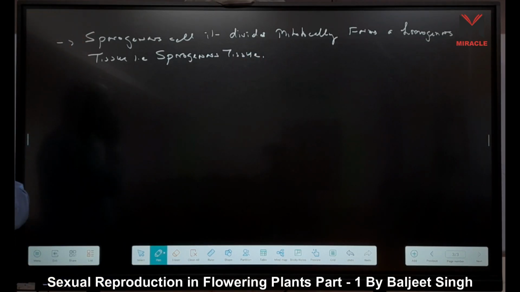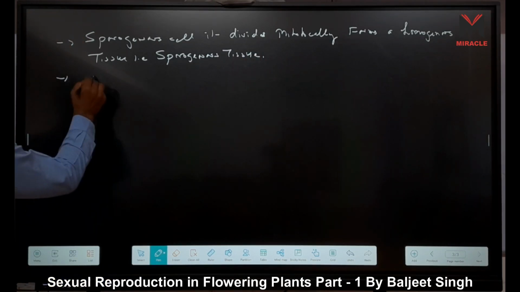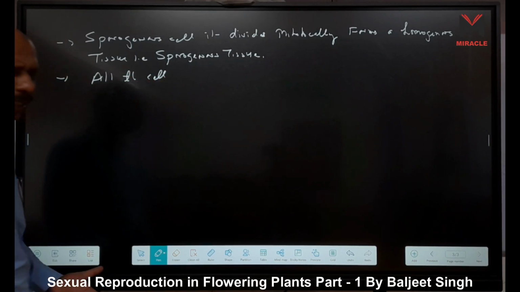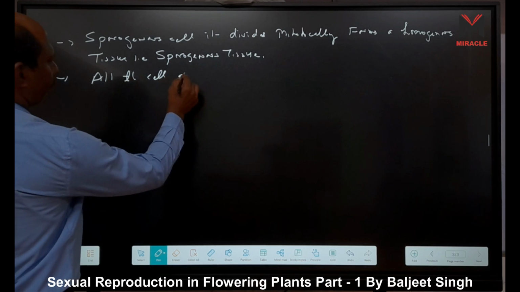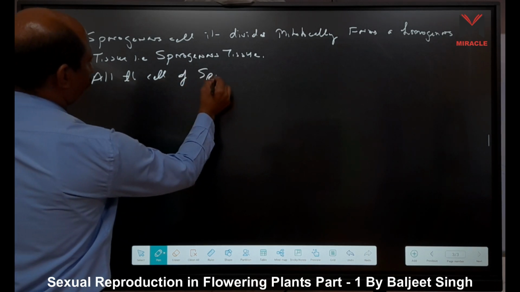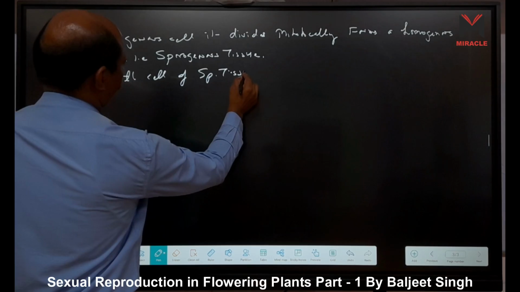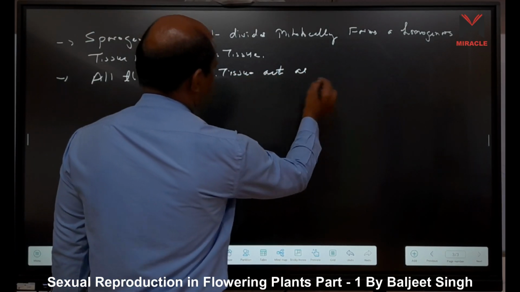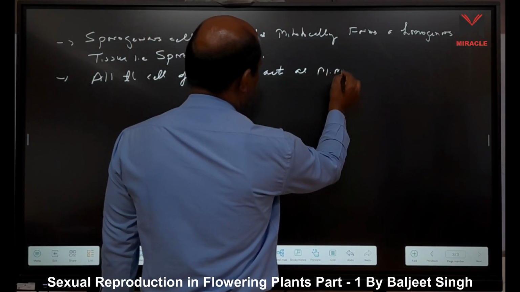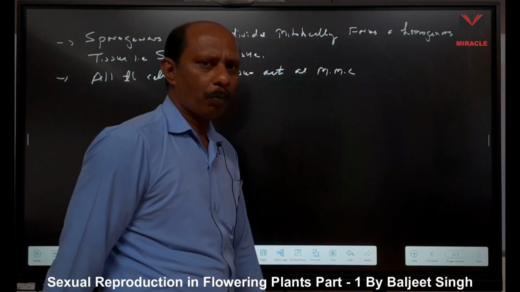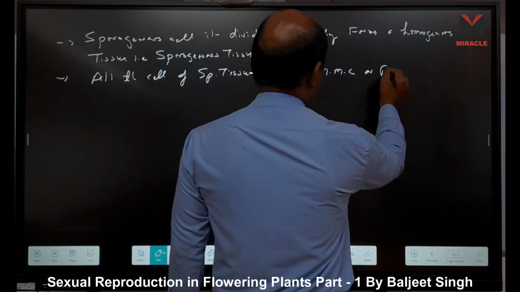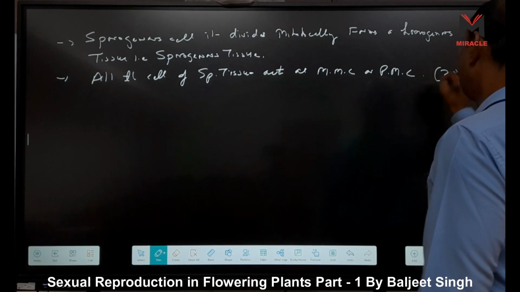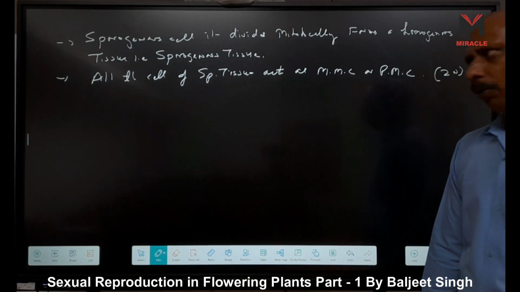Right? And each cell of this sporogenous tissue acts as a microspore mother cell, or we can say pollen grain mother cell, because they are diploid in nature, because the division is mitotic, right?